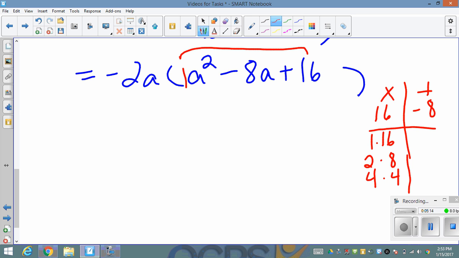Thinking about my signs, I'm multiplying to a positive, so my signs need to be the same, and I'm adding to a negative, so they both need to be negative. So the two that are going to multiply to 16 and add to negative 8 are negative 4 and negative 4.